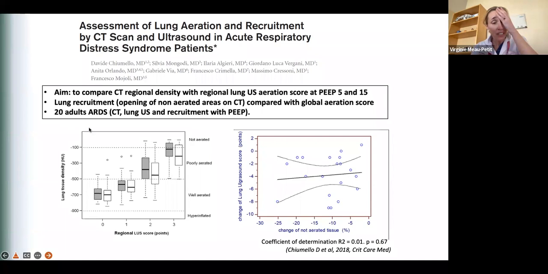In this study, they included 20 adults with ARDS, and they did CT and lung ultrasound, and in both, these patients had a recruitment with PEEP. They first showed that the regional lung ultrasound score was well correlated with the lung density on CT scan. That was a prerequisite to be sure that when the lung looks consolidated on the lung ultrasound, it also looks very dense on the CT scan.